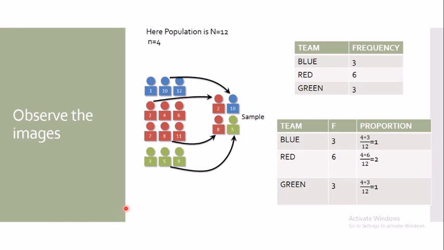Now, in this case, just observe the image. You can see here you have 12 numbers or 12 units. It might be 12 individuals as well. Anyway, this 12 is your capital N, that is the population. And I'm planning to take a sample from this population of size 4.